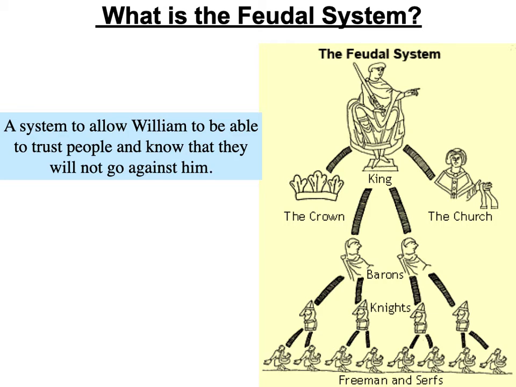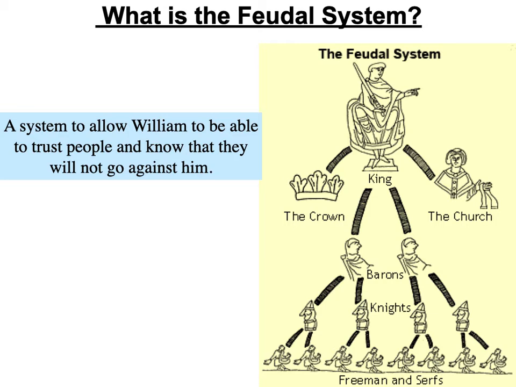So these are Frenchmen who wanted land in England. So he handed out the land as a way of rewarding the knights for helping him at the Battle of Hastings and as a way of maintaining control in England. Now each of these barons owed their land and wealth to the king, so they became loyal to him, and they would control those lands to ensure that nobody rose up to get rid of William as king.